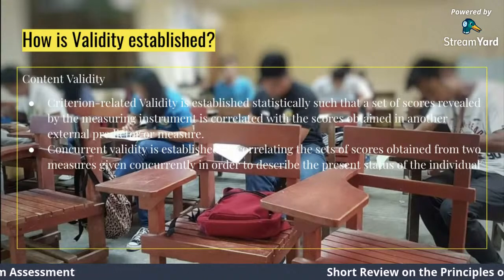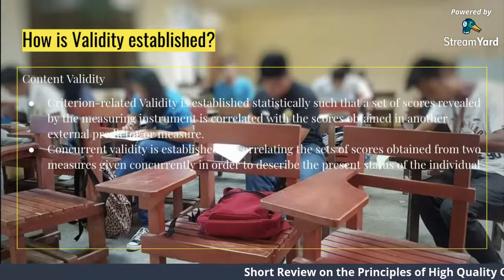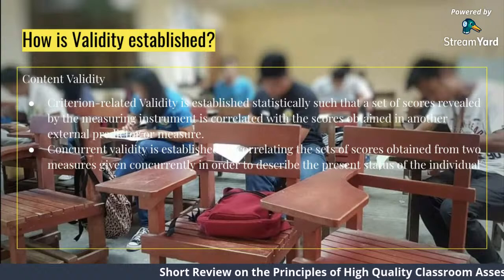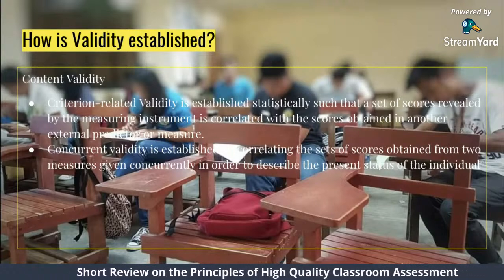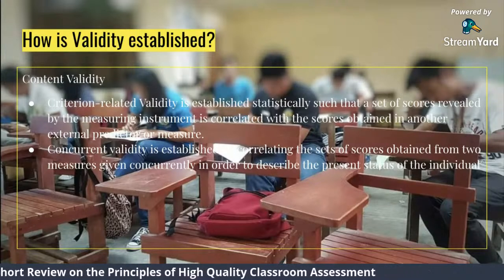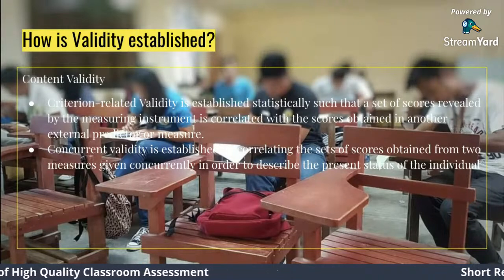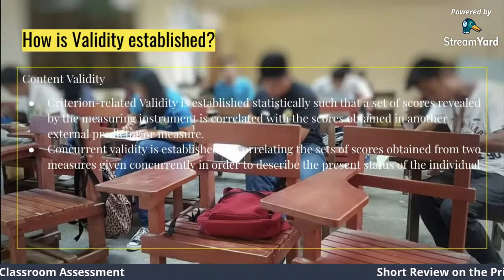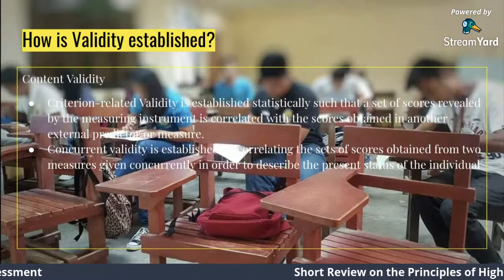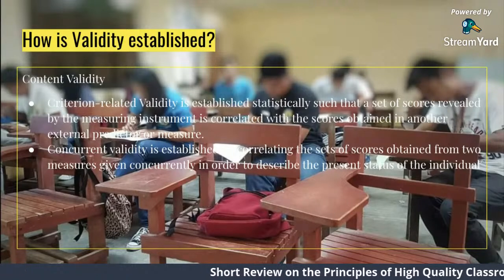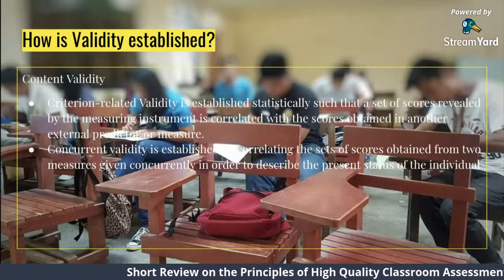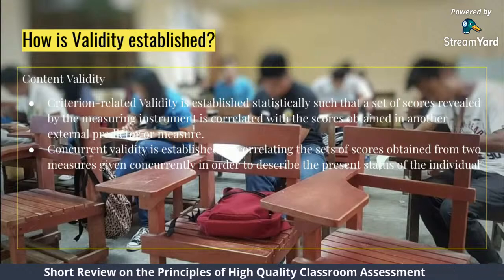So for criterion validity, it provides validity by relating an assessment to some valued measure, or criterion, that can either provide an estimate of current performance, which is what we call concurrent validity, or predict future performance, which is predictive validity.